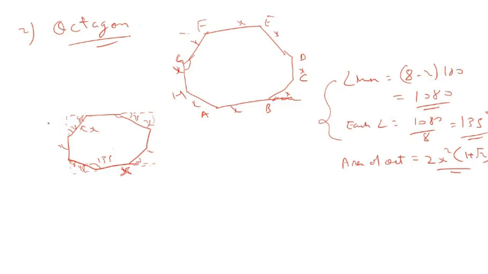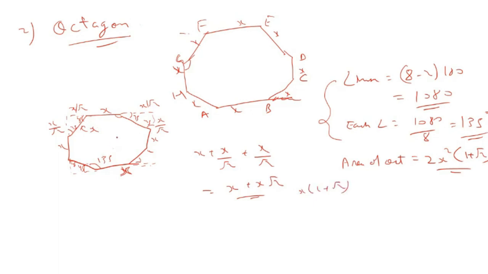So if this is x, then this would be x by root 2, and similarly this would be x by root 2. So the side of the square that we've been talking about becomes x plus x by root 2 plus x by root 2, which is x plus x root 2, or x into (1 plus root 2).